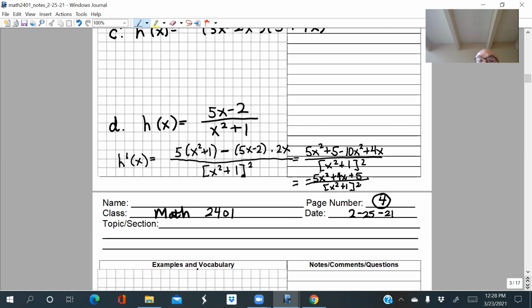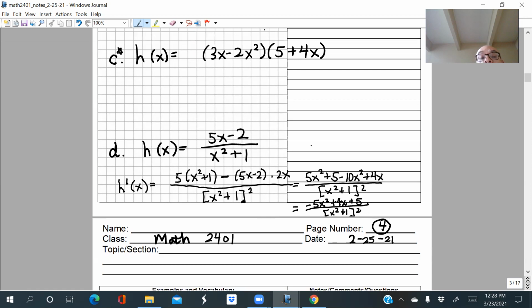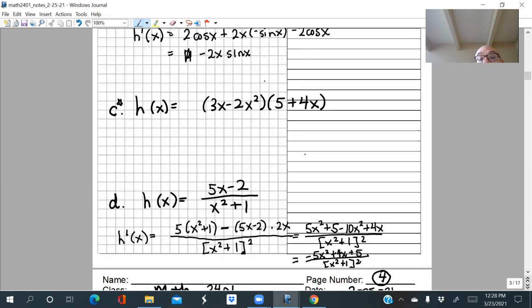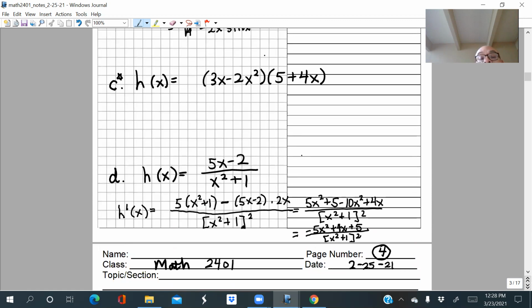Okay, so there's at least a couple of examples of the product and the quotient rule. I'm going to leave you with a problem, and we'll take a little break here. Let's see if we can differentiate this function. h of x is 3x minus 2x squared, and then times 5 plus 4x.